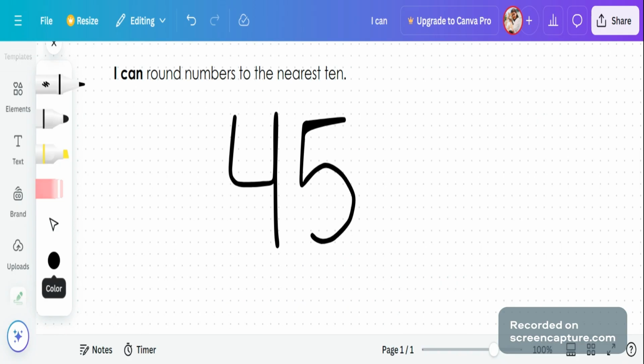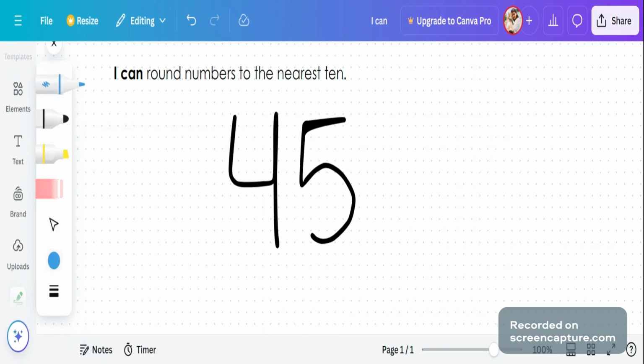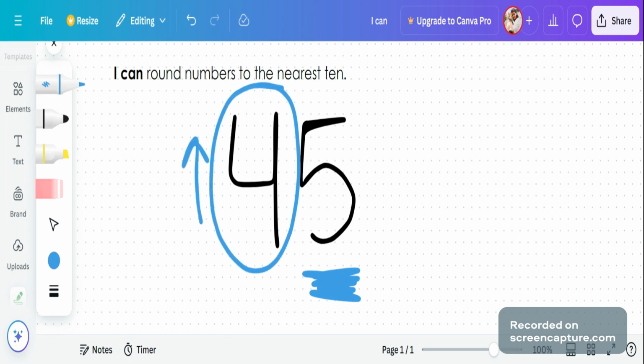So in the number 45, what's in our ones place? That's right. The number in our ones place is 5. Remember, 5 or more, raise the score. Is this number 5 or more? Yes, it's a 5. So that means we need to raise the score for the number in the tens place.